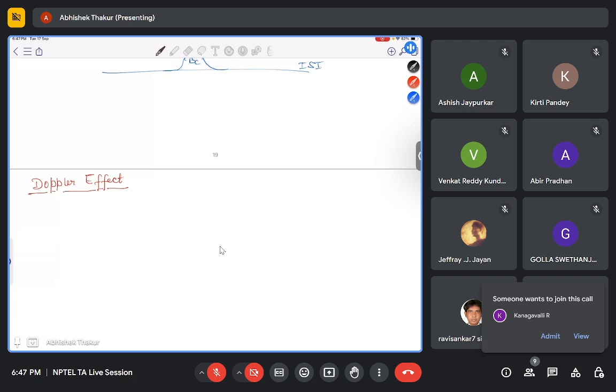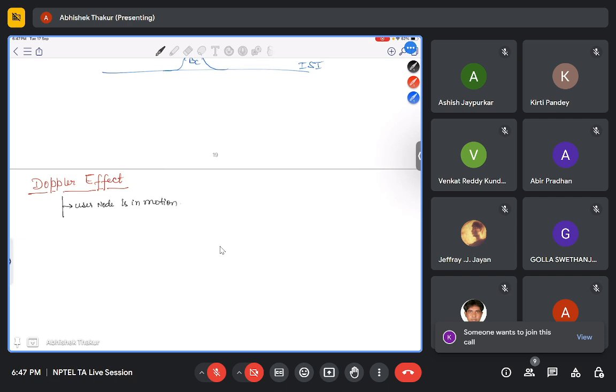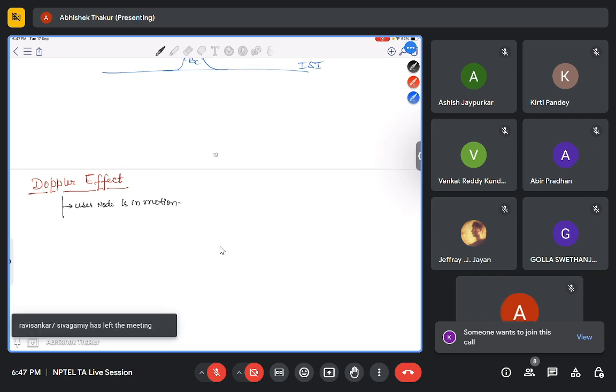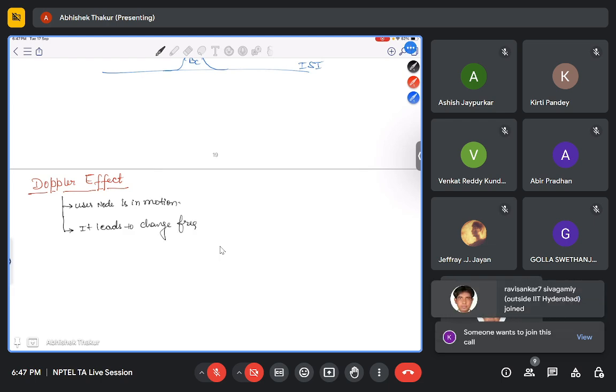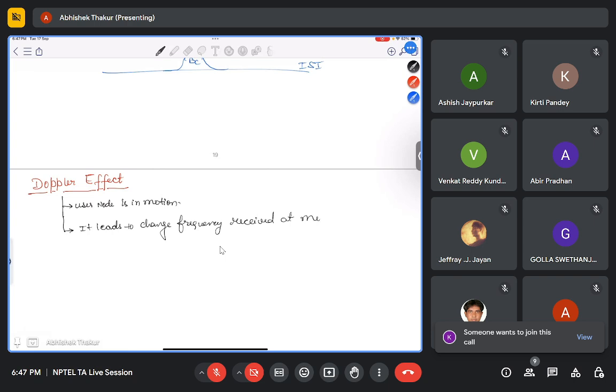So this occurs when the user node is in motion, and due to this, it leads to a change in the frequency received at the mobile node.